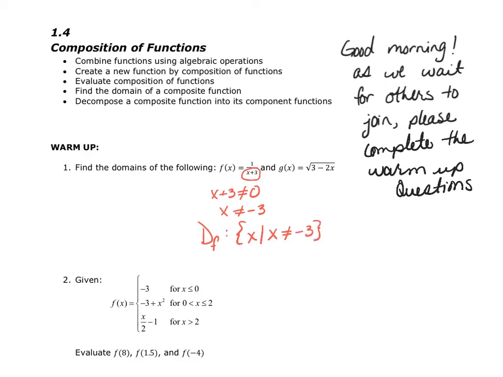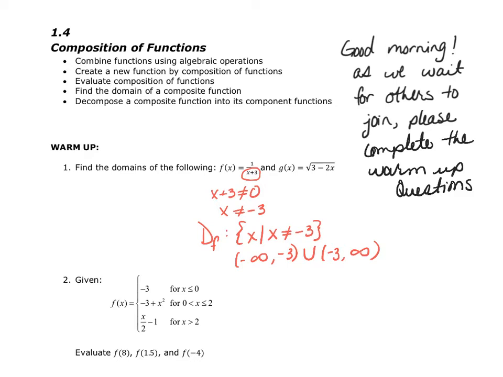If I write it in interval notation, I get anything to the left of -3, so negative infinity to -3, and that parenthesis tells me I don't get to include -3. So I'm going to come from the left, get really close to -3, but not include it. And then my union symbol means that I'm going to step over that -3, and then keep going on the right side of -3. So that is the domain for my f function.